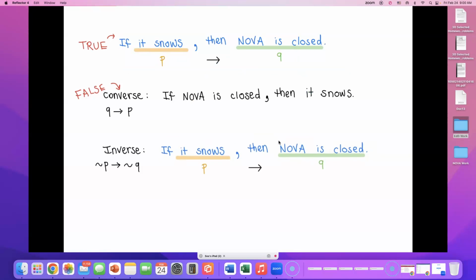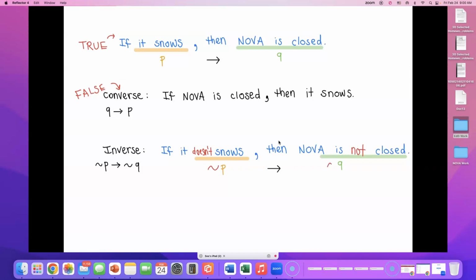But instead, I have to just add not there. So I'll do something like, if it doesn't snow, see, there's that negation, right? If it doesn't snow, then I should say Nova is not closed.